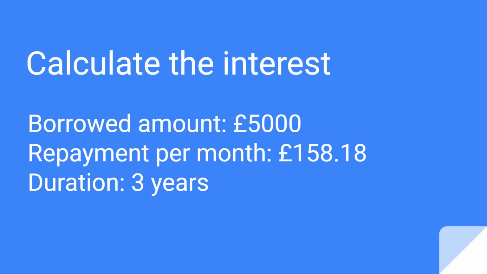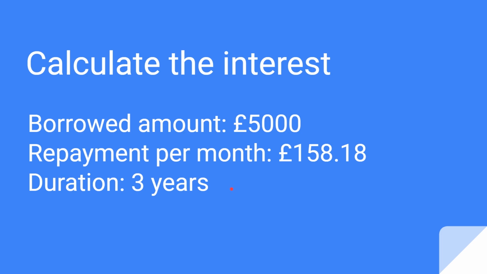Calculate the interest. The borrowed amount is 5,000. The repayment per month is 158.18, and the duration is 3 years. So what's going on there? To work out the total amount, this is tricky, to be honest. I wouldn't expect them to include something quite as hard as this. You've got to multiply by 36 months over which time you're paying this.